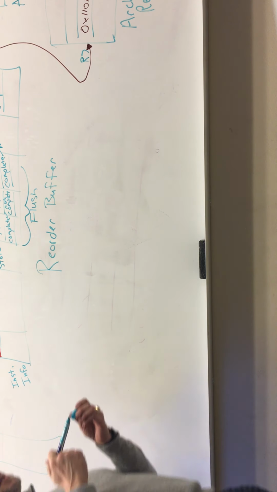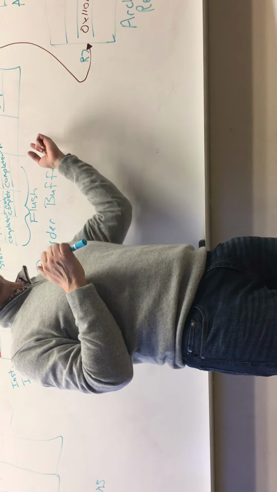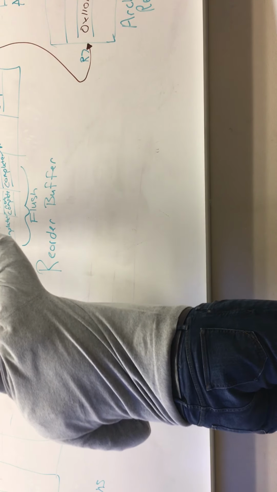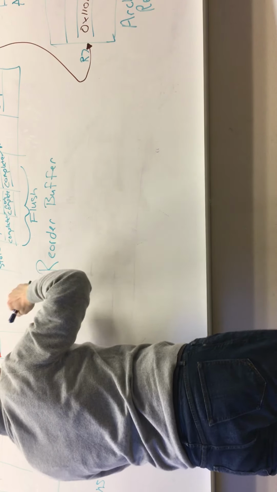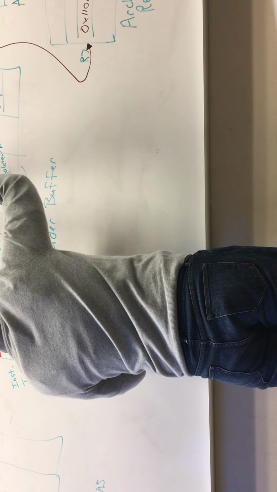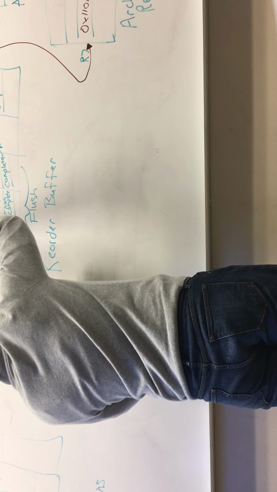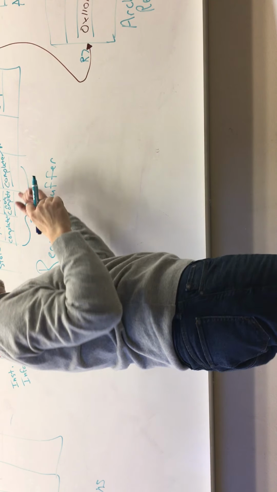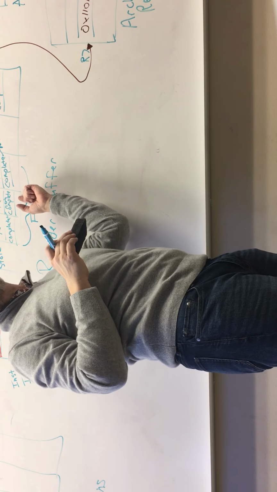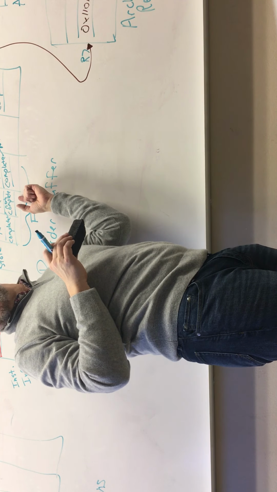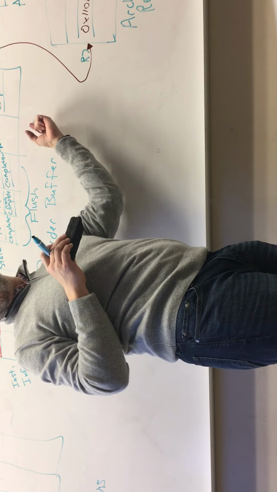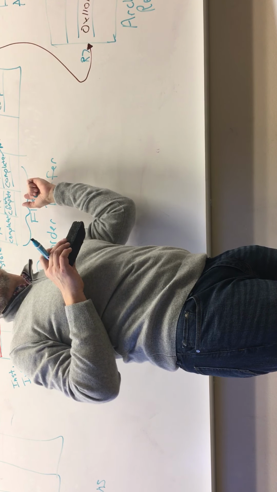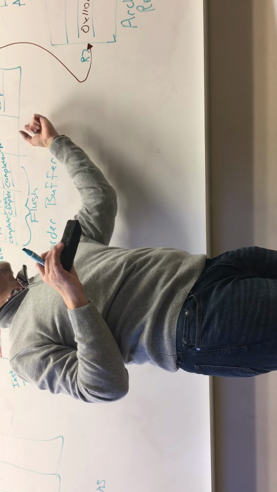What is the downside of waiting until the branch is the oldest in the reorder buffer? What if in here there's an instruction that's a branch that's mispredicted? If I have to wait till it becomes the oldest, then there's some wasted cycles when I knew it was mispredicted, but I didn't do anything about it until it got to this point.